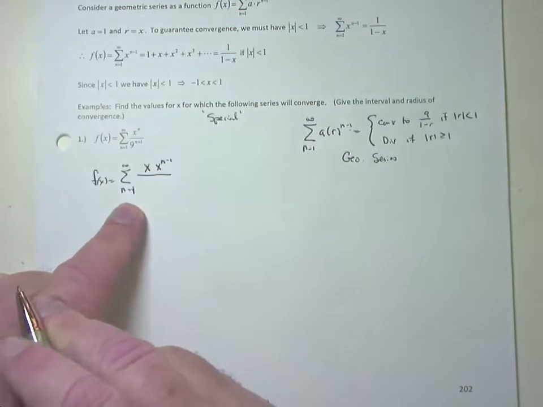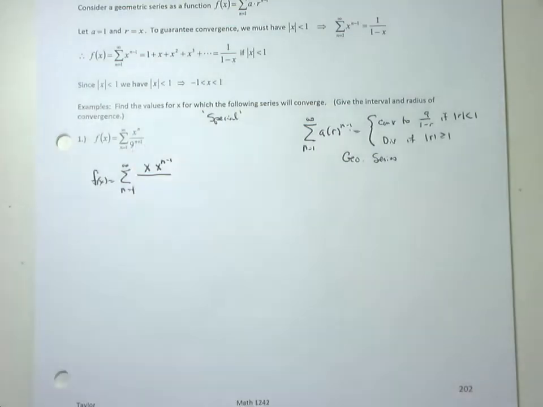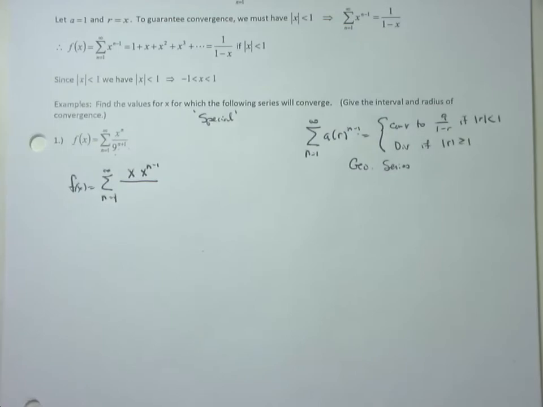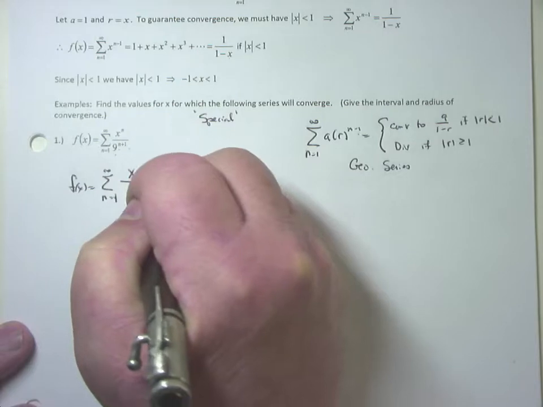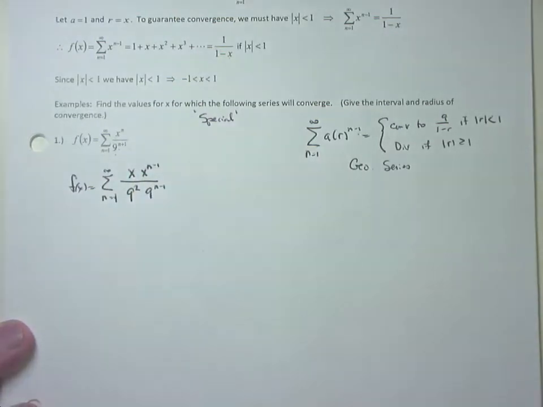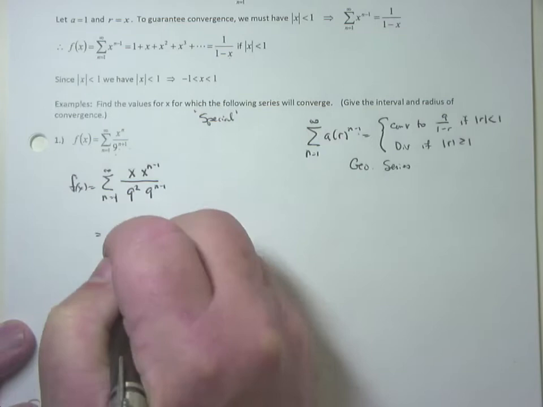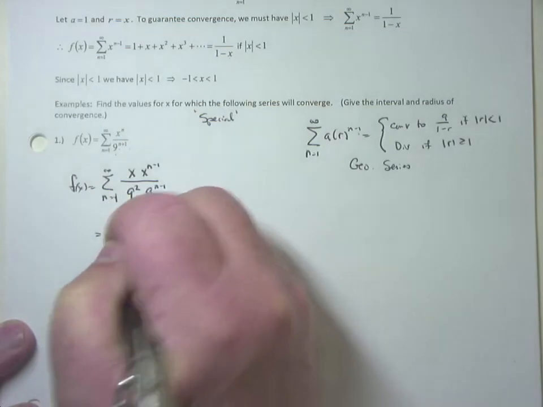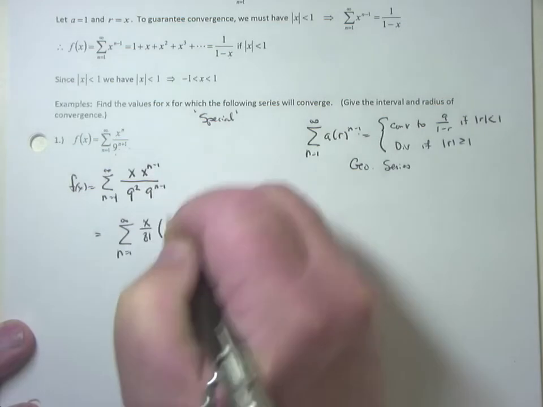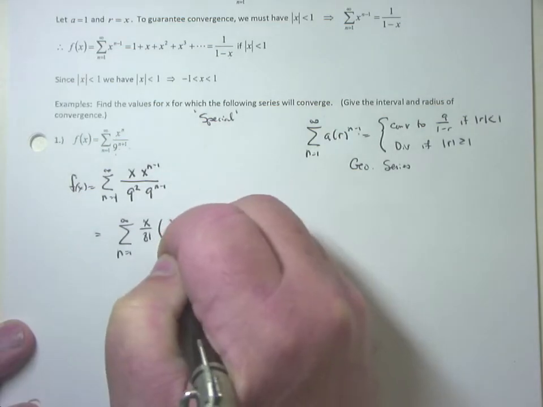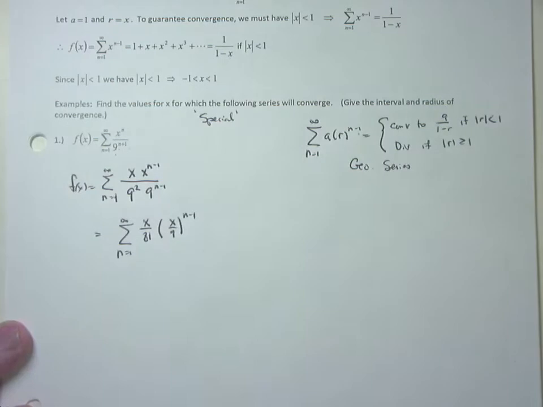Now look at your 9s. I've got 9 to the n plus 1. I need a power of n minus 1. Again, I've got too many. How many too many do I have? 2. So that'll be 9 squared times 9 to the n minus 1. So when I clean up this power series, I get the sum as n goes from 1 to infinity of x over 9 squared, which is 81, times, I can factor out the n minus 1, x over 9 to the n minus 1.